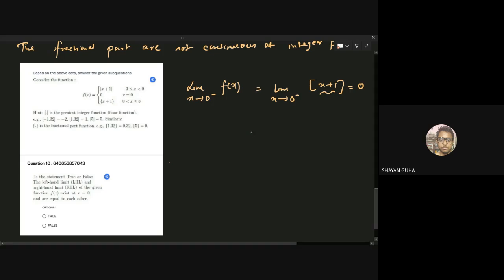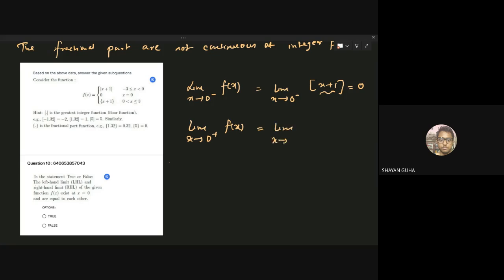By the same logic, if we consider the right hand limit x tends to 0 plus f(x), what am I getting? Since x is greater than 0, this time I will take the fractional part, that will be x plus 1. Now the value of x is very slightly greater than 0.